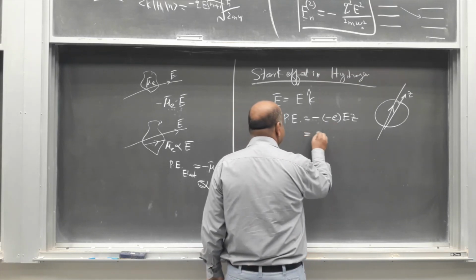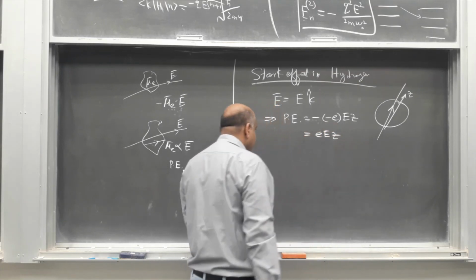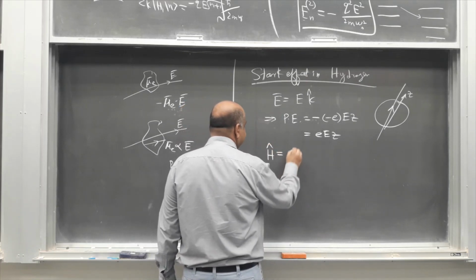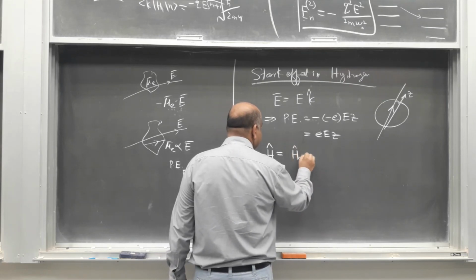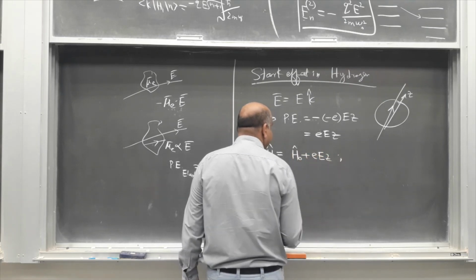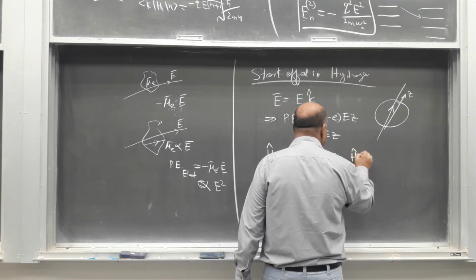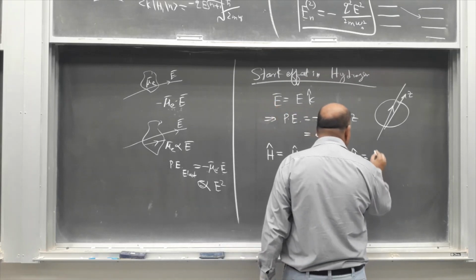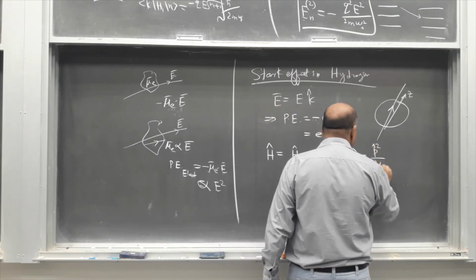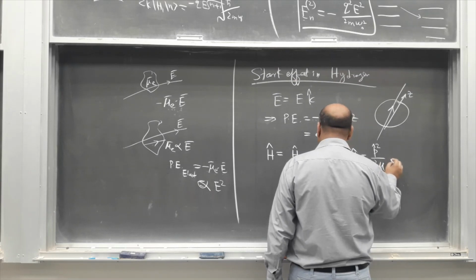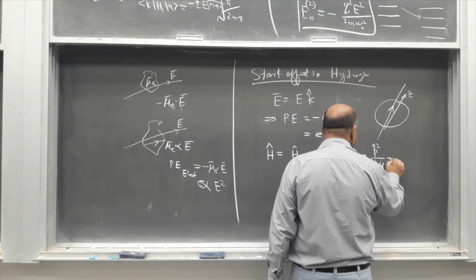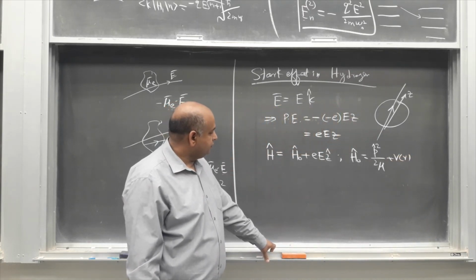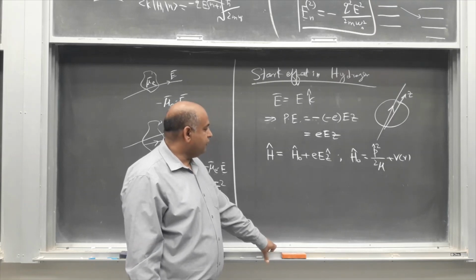So our potential energy is eEz, which means that our Hamiltonian is H0 plus eEẑ, where H0, so let me put a z hat because this is an operator now, is minus ħ² over 2μ ∇² plus whatever potential energy was, which was Ze² over 4πε₀r.